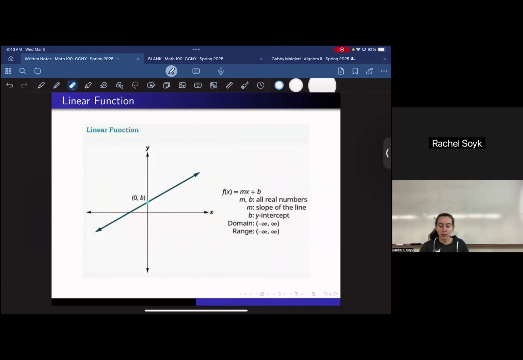And then this is just another notes page, really honing in on our special types of functions, which are linear functions. Remember how I told you guys last class that all lines are pretty much linear functions. The only exception is what type of lines?